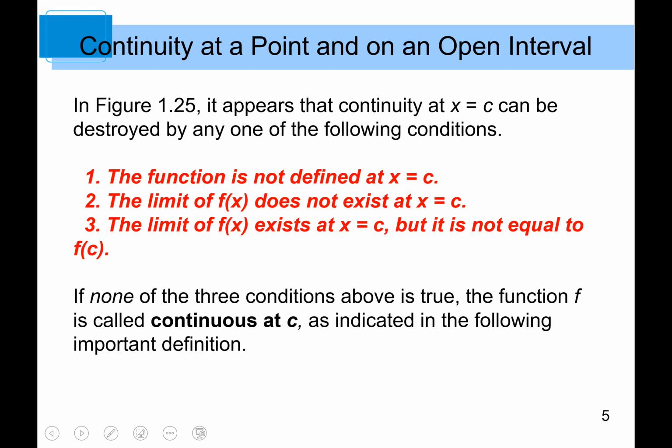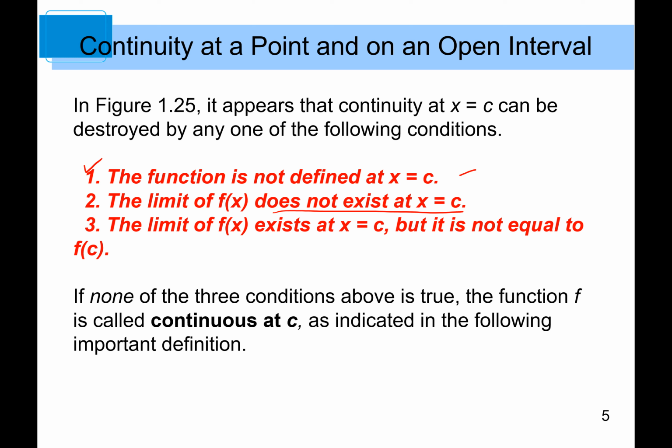Okay. So it appears that continuity at x equals c could be destroyed by any one of the following conditions. First condition, the function is not defined at x equals c. Second condition, the limit of f of x does not exist at x equals c. And the third scenario is the limit of f of x exists at x equals c, but it is not equal to f of c.